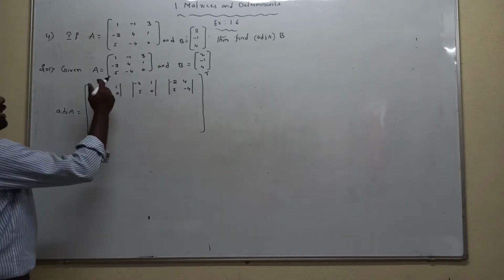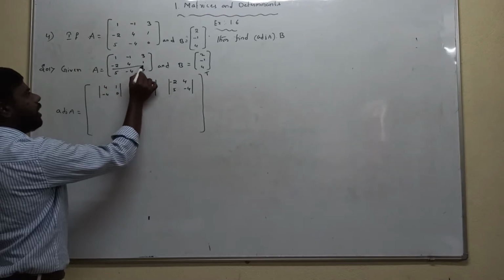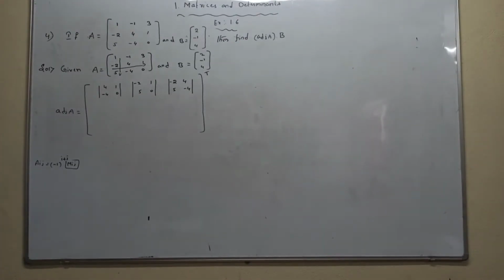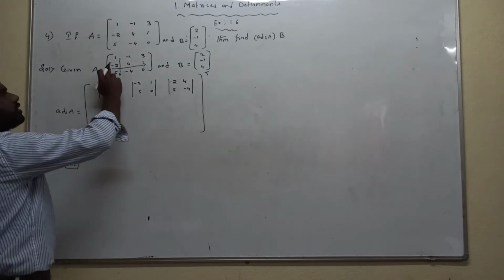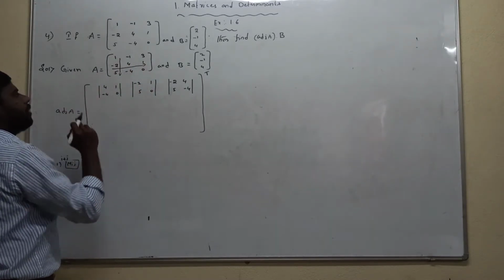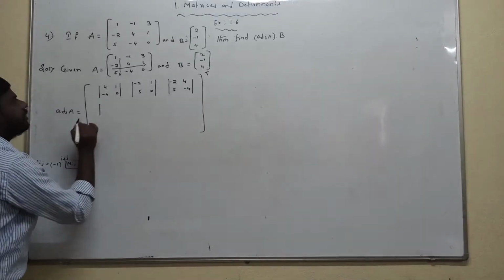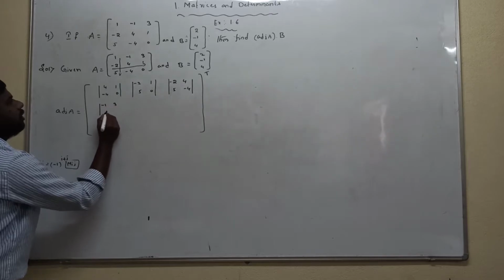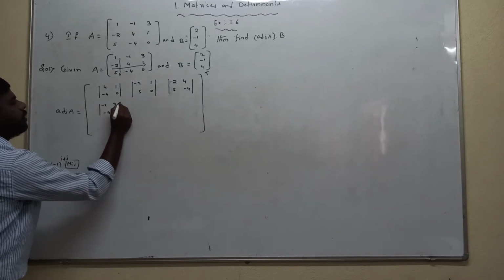Now next we go to the second row. -2 present in the second row, first column is eliminated. Write the determinant of the left over elements: -1, 3, -4, 0.